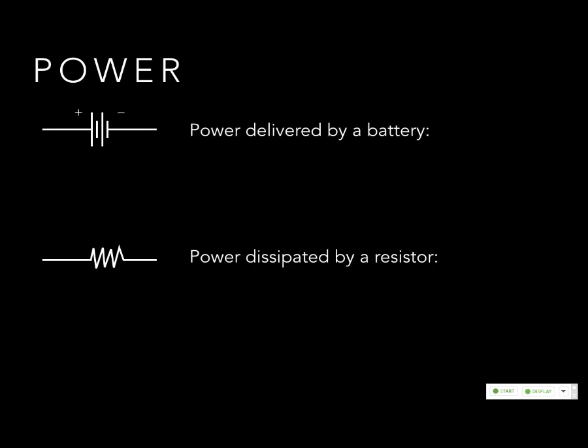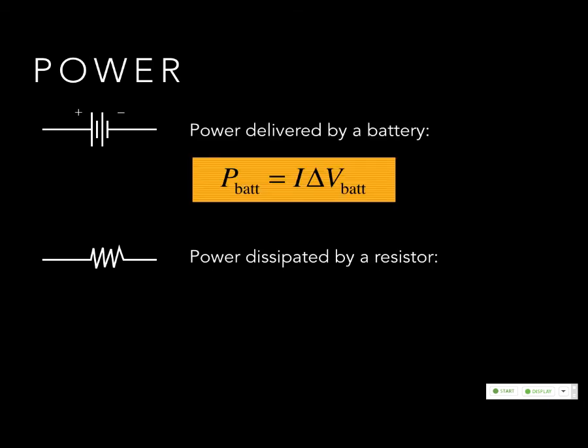So, power delivered by a battery is just going to be current times voltage through the battery. It's the current of the battery and the voltage across the battery that gives you the power output by the battery.